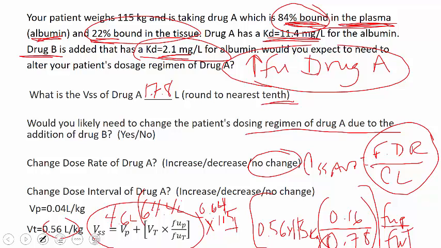How about dose interval? Dose interval, we need to look at K, clearance over volume. If the fraction unbound has increased, that's going to increase our volume. So we're going to see a decrease in K and an increase in half-life. So we're going to want to increase our dose interval to follow our half-life.